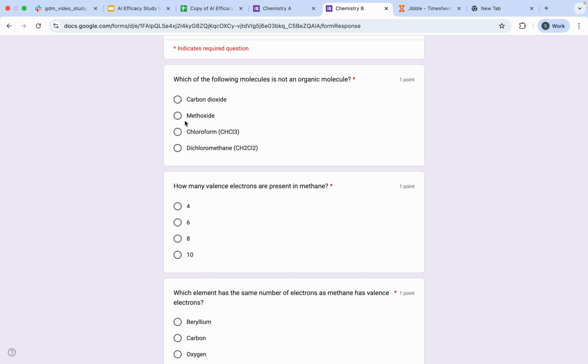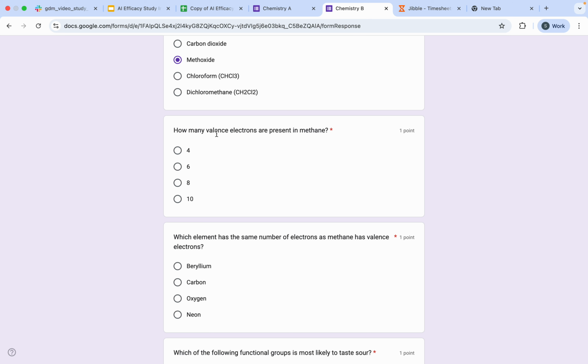So I think methoxide is the answer, because an organic molecule means it should contain carbon. So here we can see carbon, here also carbon, and carbon dioxide also has carbon. So let's go for methoxide.